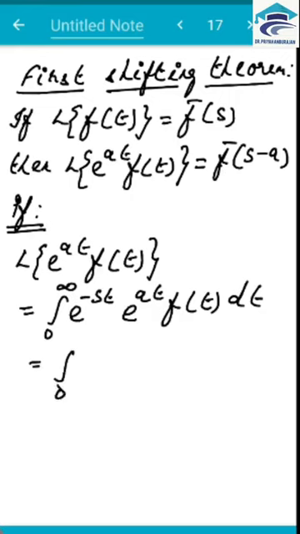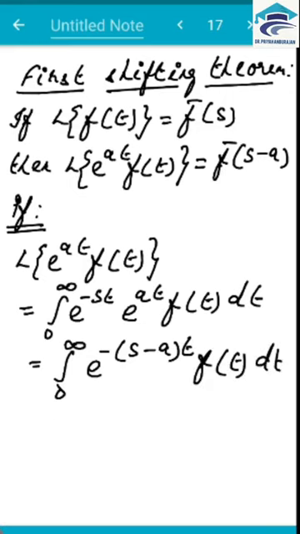So this can be written as e power minus s minus a into t f of t dt. Now this is of the form e power minus st f of t dt, where instead of s we have s minus a. So we can write this as f bar of s minus a. This is called the first shifting theorem.